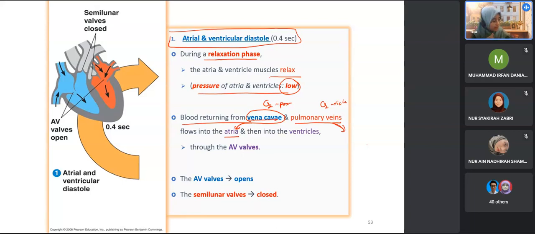Okay, and then from these two atria into the two ventricles, respectively. Through what? Through the AV valve. Obviously, the AV valve will need to be open, and the semilunar valve is closed. Okay, so at this point, the purpose is to collect blood into all these four chambers.